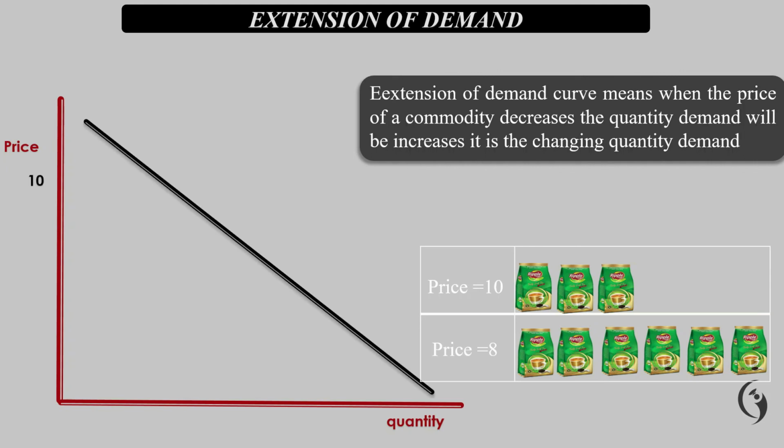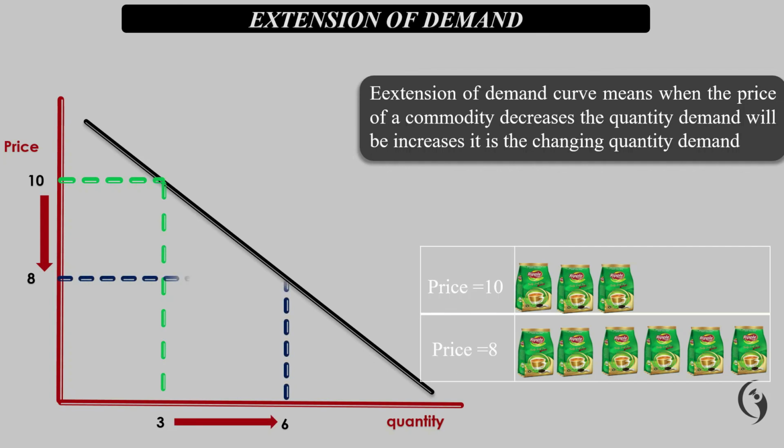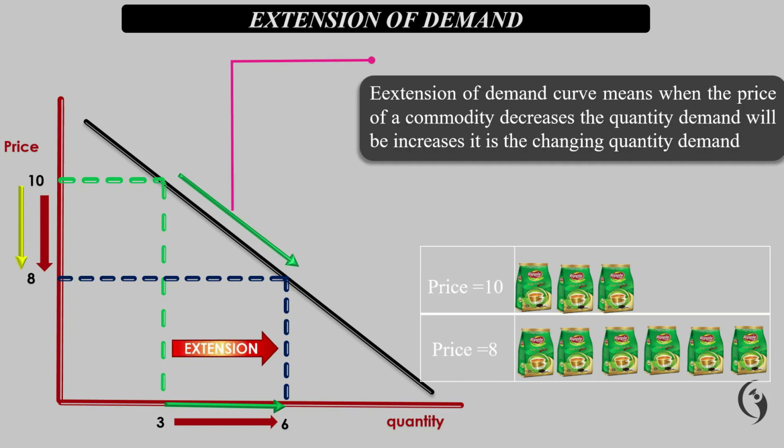Here is the demand curve. At first, the quantity is 3 and the price is 10. Here the price is getting down from 10 to 8, and now the quantity demanded increases from 3 to 6. So here we see that as the price falls, quantity demanded increases. This shows extension of demand.